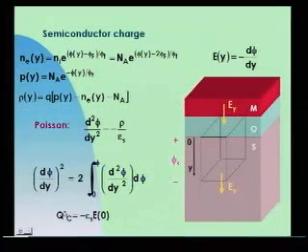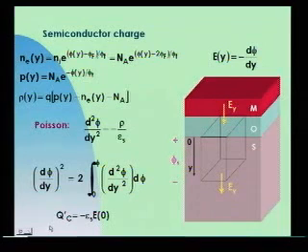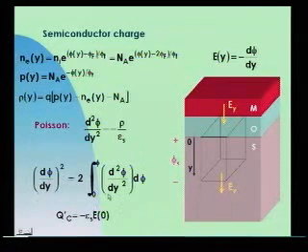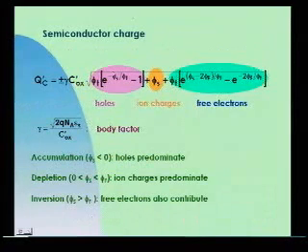And with this electric field, I use the Gauss law to evaluate the semiconductor charge. It's not difficult, but I must use this mathematical relationship that is exact to solve this.